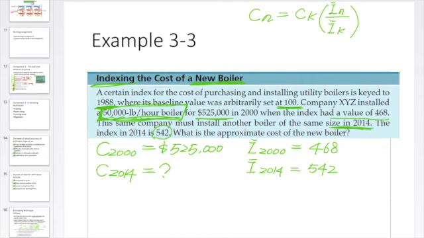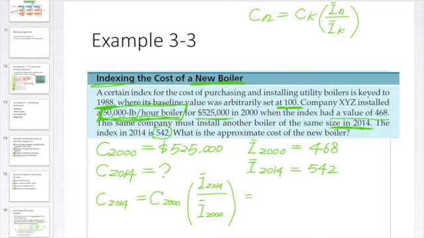How do we use this? Now we want to calculate C 2014. So our N is 2014, okay? And what is given, the cost, is C 2000. So K is 2000, okay? And then times the ratio I bar N, we said N is 2014, over I bar K, we said K is 2000.